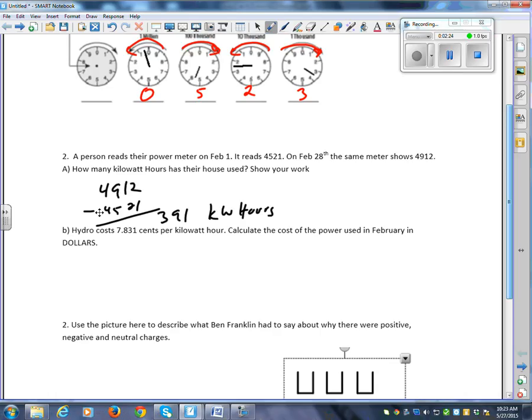Hydro costs 7.831 cents per kilowatt hour. Calculate the cost of the power used in February in dollars. So you take 391 times 7.831 and you get 3061.9, but that is in cents. Divide by 100 to get dollars: $30.62.